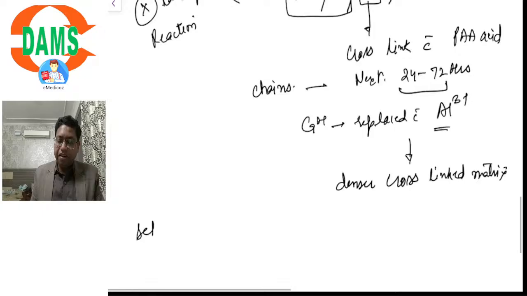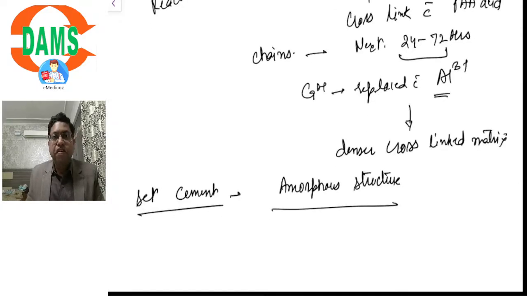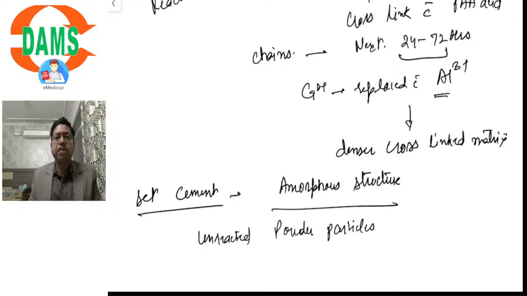And the set cement has an amorphous structure. If you remember, the set zinc phosphate cement has a crystalline structure. Zinc polycarboxylate cement has an amorphous structure. Similarly, glass ionomer cement has an amorphous structure which consists of unreacted powder particles. 100% reaction never occurs.